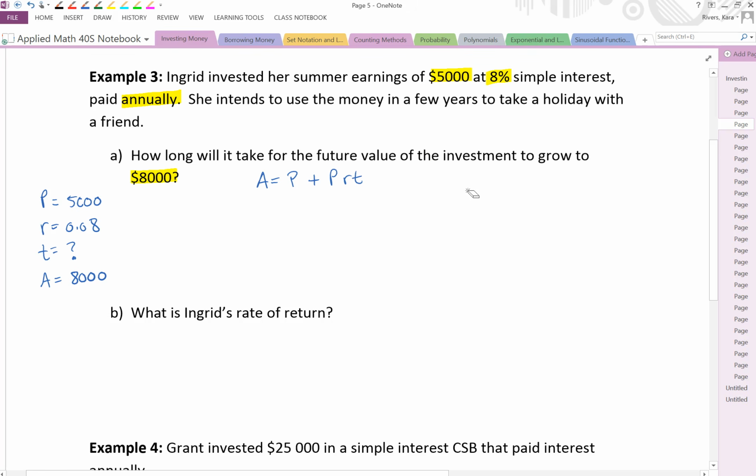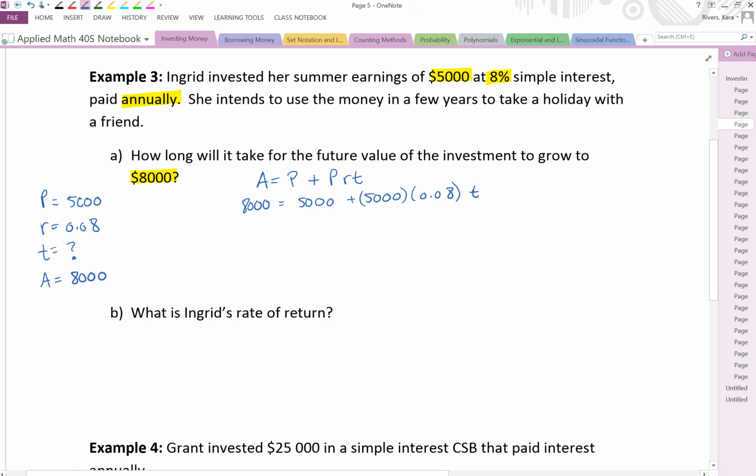So plugging in what we have, we can start there and then solve for t. So A is 8,000, P is 5,000, R is 0.08, and then t.